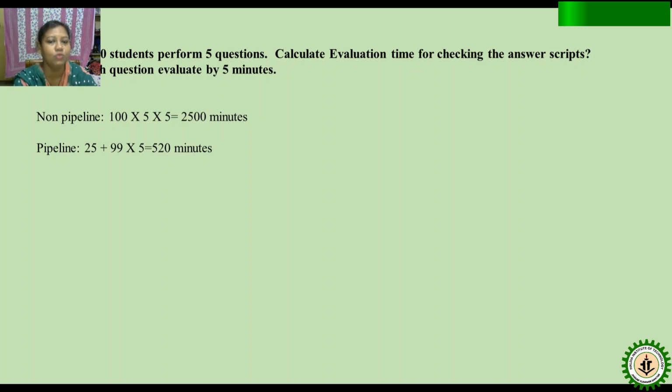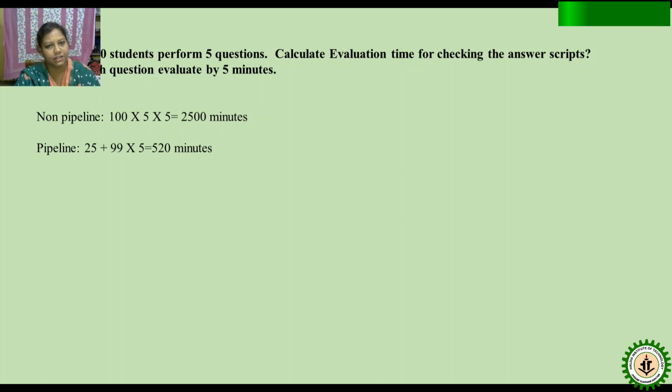So 5 into 5, that is 25 minutes to check one paper. In this way, with 100 students, there are 100 answer scripts, so 100 into 25, that is 2500 minutes required to evaluate all the answer scripts. It is a non-pipeline structure, that is, a sequential structure.